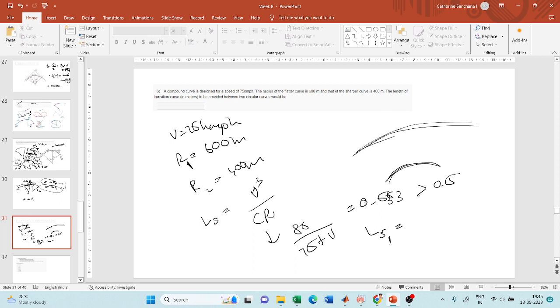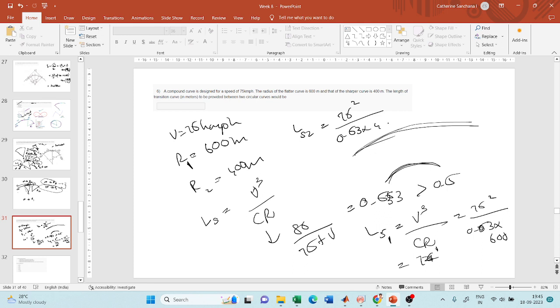So let me find LS1. That will be equal to V cube by C R1, which is 75 cube divided by 0.53 into radius 600. Now let me find the length of the transition curve LS2, which is 75 cube divided by 0.53 into 400.